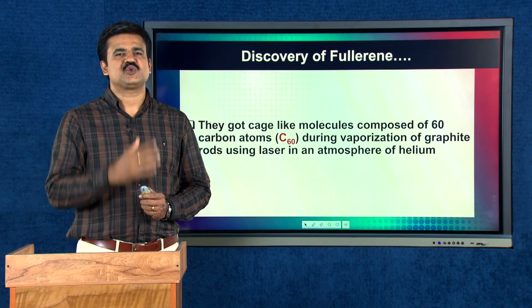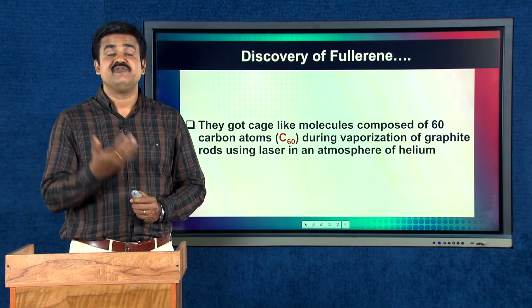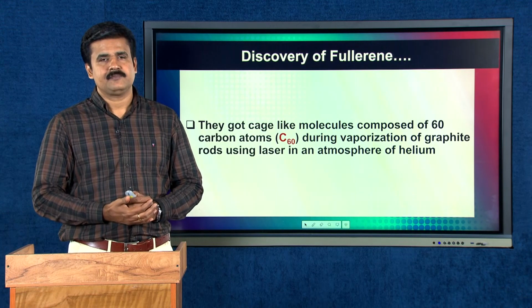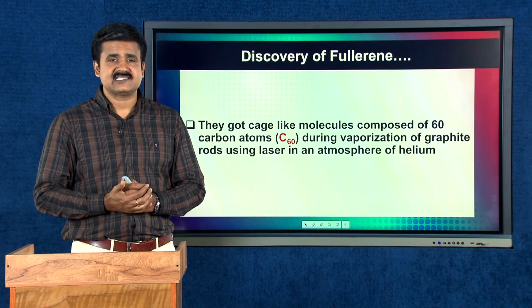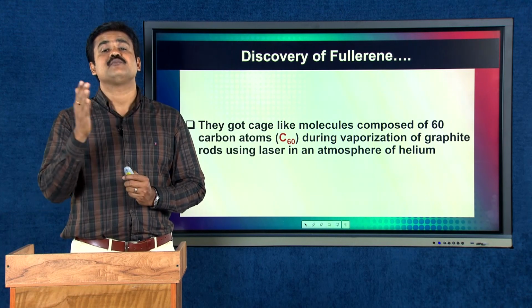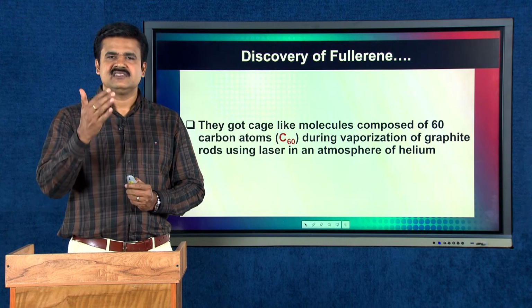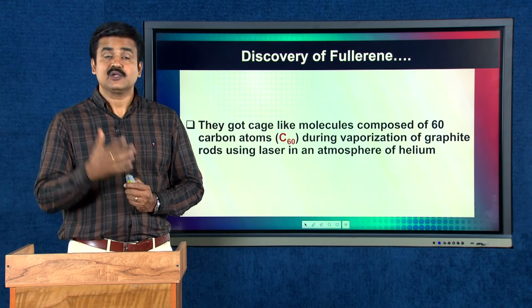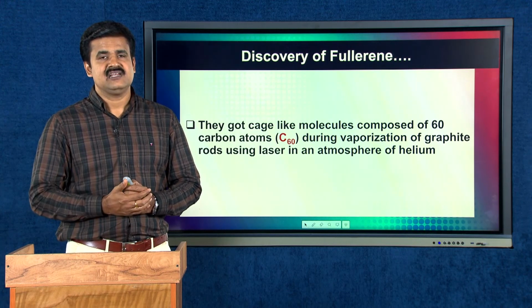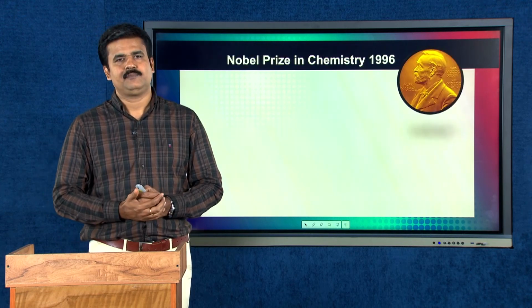This was actually their synthesis procedure. They vaporize a graphite rod with the aid of a laser, and that experiment is performed in an inert atmosphere of helium. Under these conditions, the team of three scientists got C60, which is the first discovered fullerene molecule.